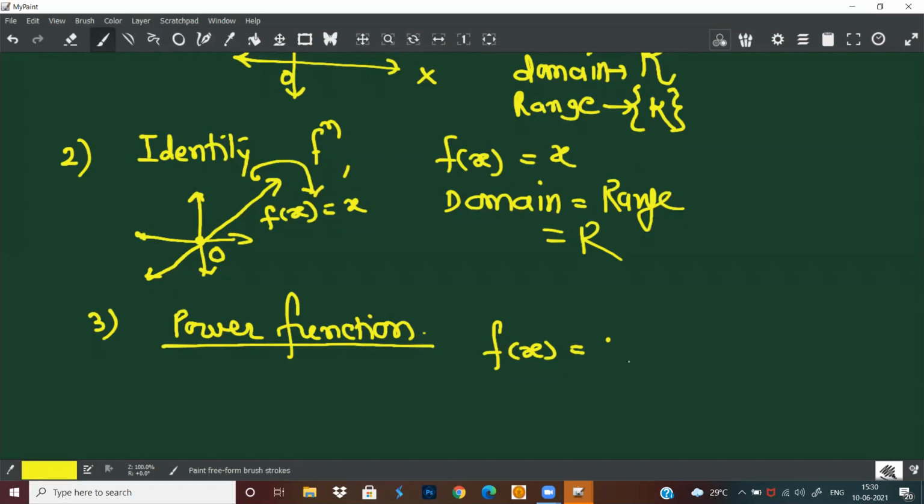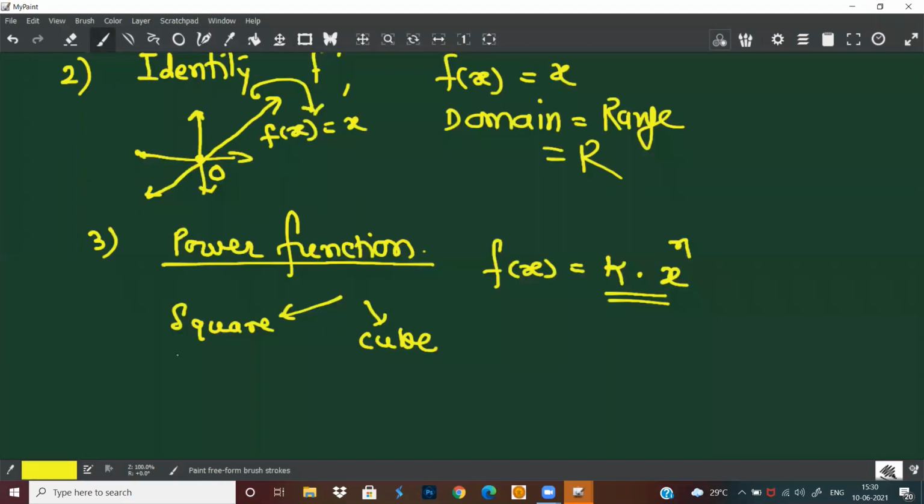Power function is some constant into x raised to n. तो उसमें स्क्वायर फंक्शन हो सकता है, इसमें क्यूब फंक्शन हो सकता है, करेक्ट? मतलब ये होगा मेरा f of x as x square, ये होगा f of x as x cube या 2x cube या 3x cube, but x square plus x cube उसको बोलते हैं polynomial function.